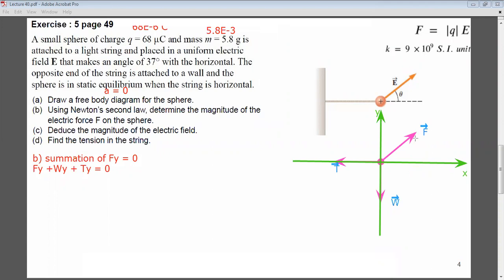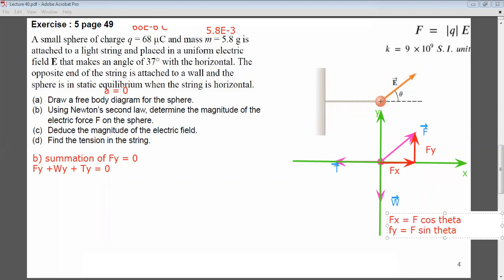Just like to do it properly. Okay, so Fx is adjacent to angle theta. So Fx is F cosine theta and Fy is opposite, so it is F sine theta. Okay, and they're both positive, so I don't have to worry about this. How much is theta? It is 37 degrees.